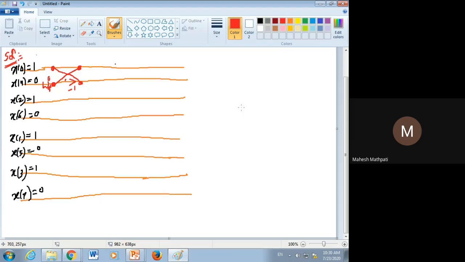Now you write separately. First, let us calculate x1 of 0. Can anyone tell me the answer? Right now I am just calculating the output at this point. So let me take the output as stage 1. I have to calculate x1 of 0.